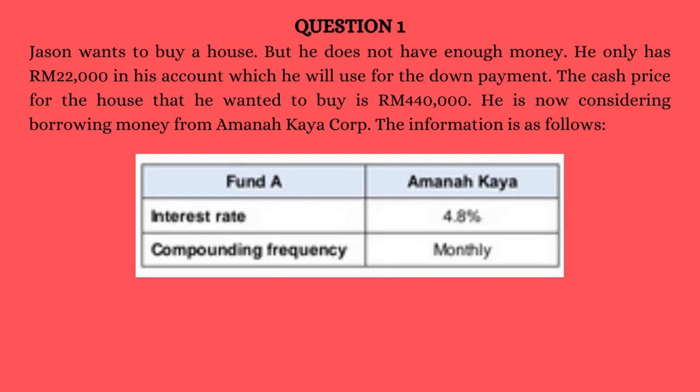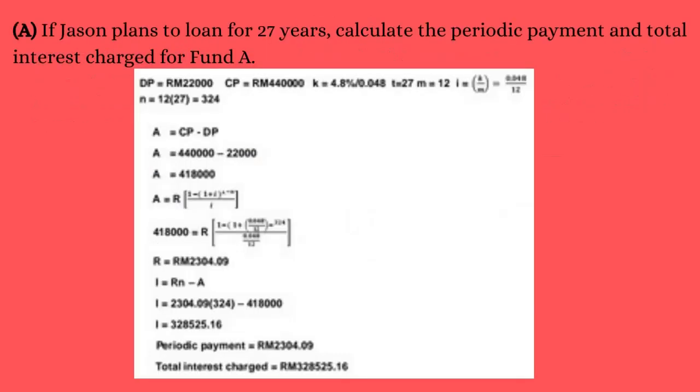The cash price for the house is 440,000. He is now considering borrowing money from Anak Kayak Group. The information is as follows.